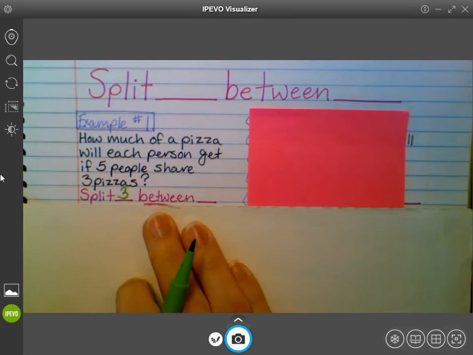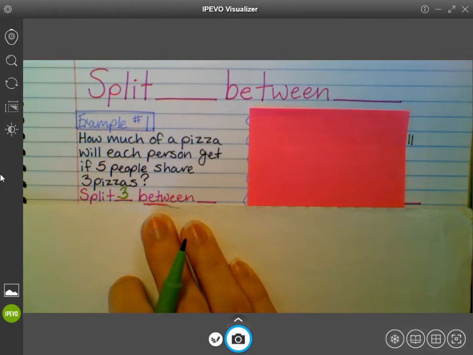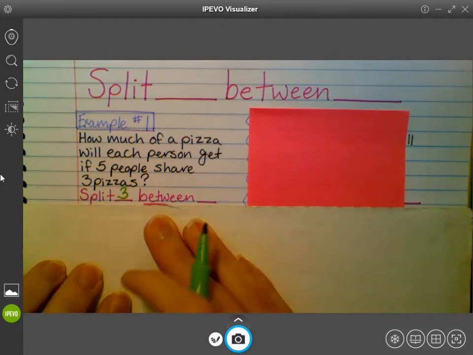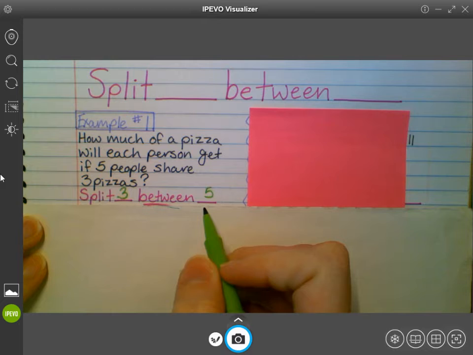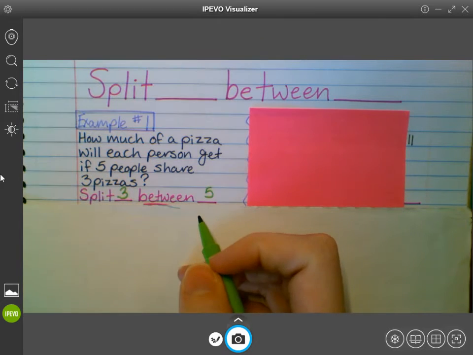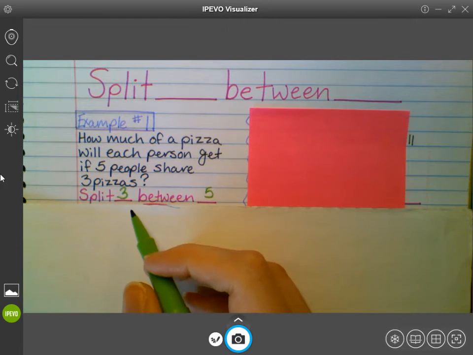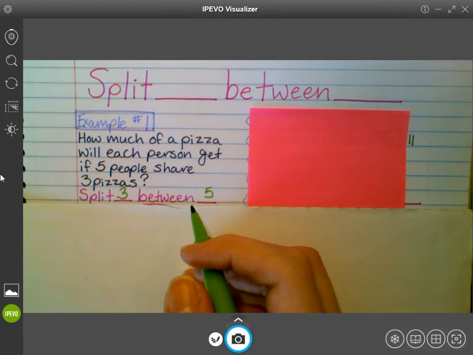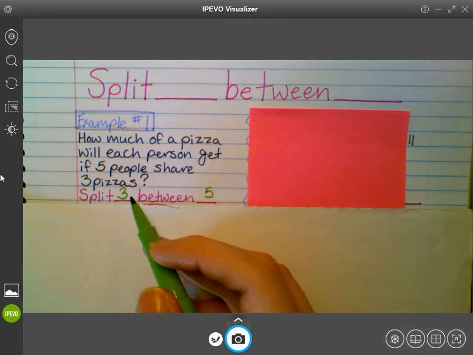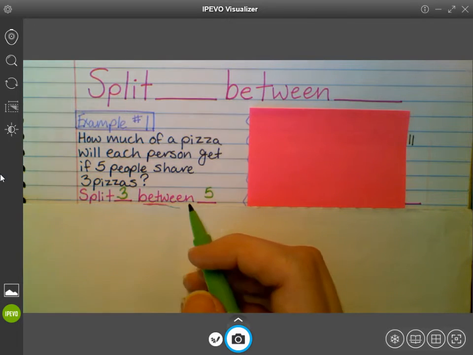And who are we splitting it between? Or what are we splitting it between, Michael? 5 people. So we're splitting 3 between 5. Give me a thumbs up if that makes sense. Why we put the 3 after the split and we put the 5 after the between. Give me a thumbs up if that makes sense. Okay. We're splitting 3 pizzas between 5 people.